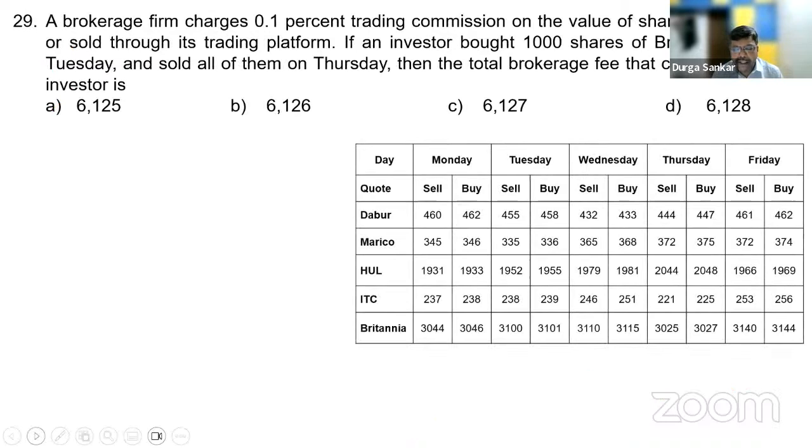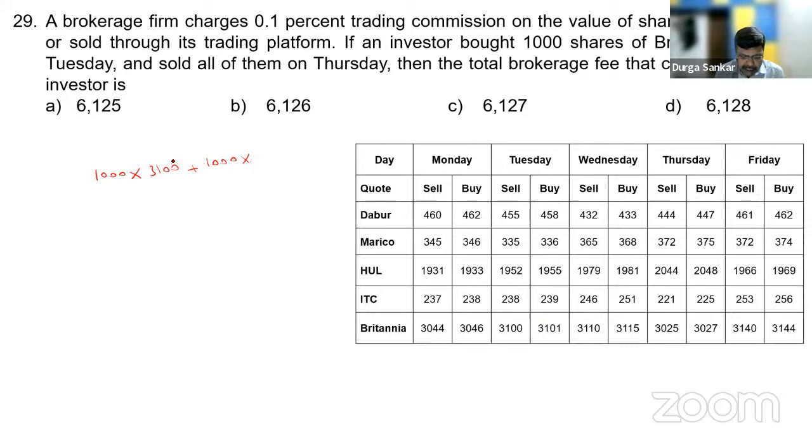A brokerage firm charges 0.1% trading commission on the value of shares bought or sold through its trading platform. If an investor bought 1,000 shares of Britannia on Tuesday and sold all of them on Thursday. So let us see what is the value of the transaction.